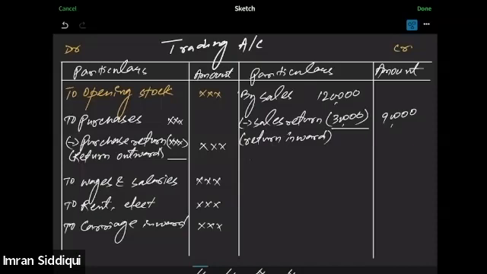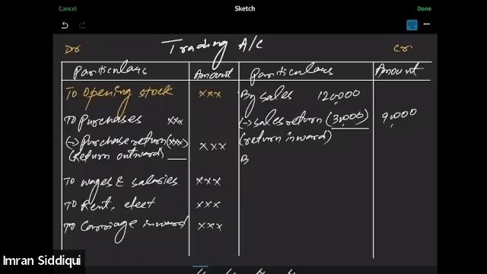Now moving on, sometimes a company also realizes some value by selling scraps. If the company has sold some scrap items and realizes some amount by selling the scrap, that is also an income which needs to be recorded on the credit side of the trading account as well.